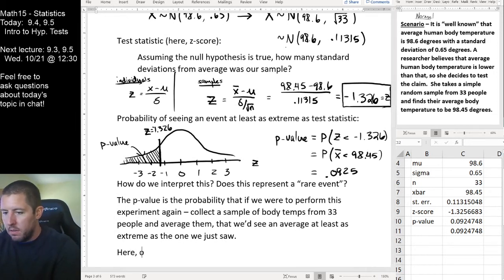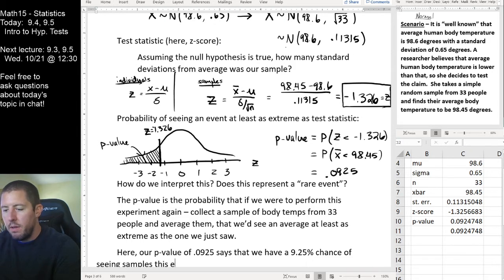Here, our p-value, 0.0925, says that we have a 9.25% chance of seeing samples this extreme, assuming the null hypothesis is true.